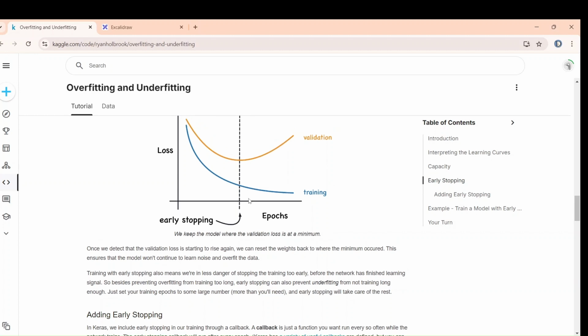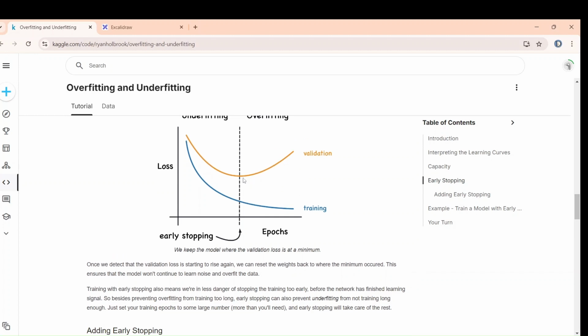Here the training loss is getting reduced because it is trying to memorize every point. As it is learning each and every point in the data set, whether it is signal or noise, it doesn't matter. It is just learning and the loss is getting reduced. It seems that our model is performing well. But the thing is that it is learning the noise, it is memorizing things. And that's why on the unseen data, it is not performing well.